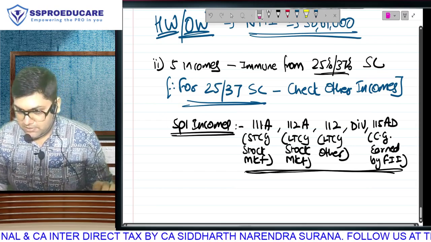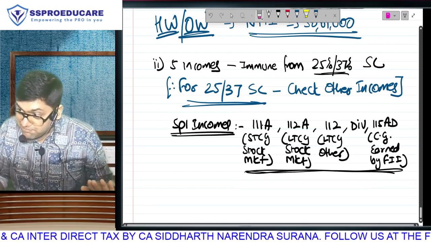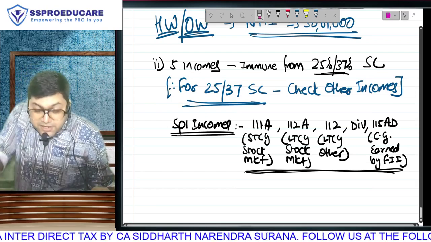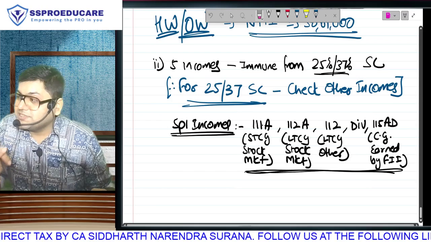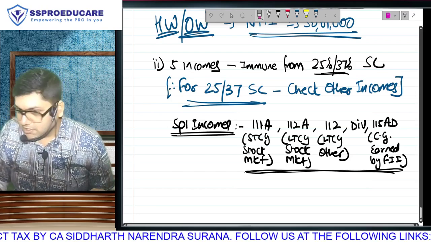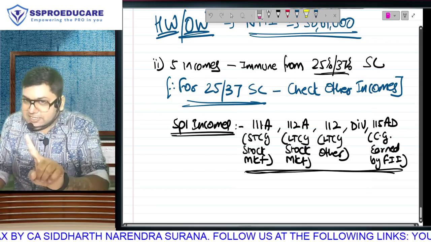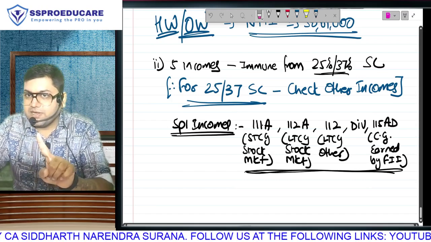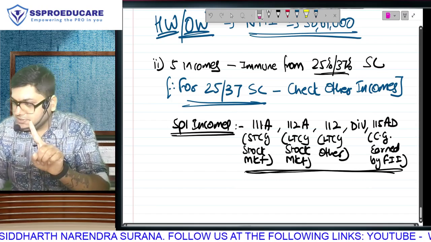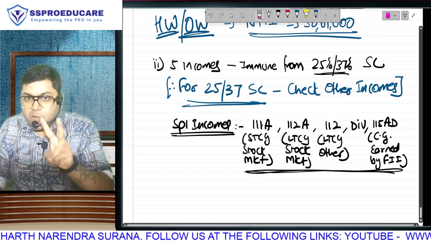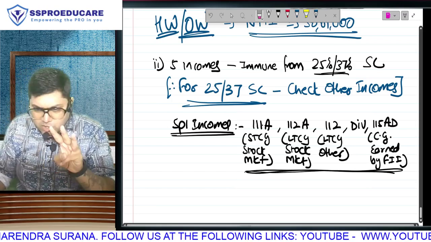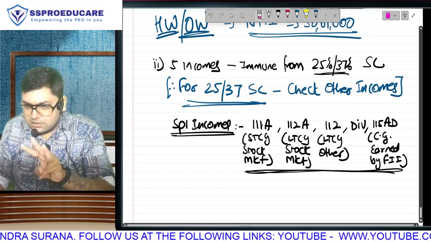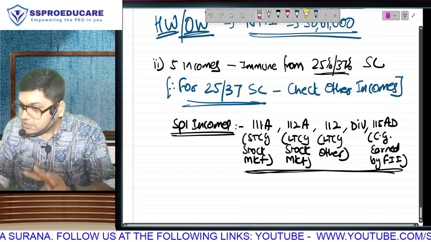25-37 will apply. That means the mistake which students make is they try to think about this concept for applying 0% surcharge, 10% or 15% surcharge. First, be clear. Till 50 lakh 0% surcharge. Be clear. Till 50 lakh 0% surcharge. More than 50 lakh, 10% surcharge, till 1 crore. More than 1 crore, 15% surcharge, till 2 crore.